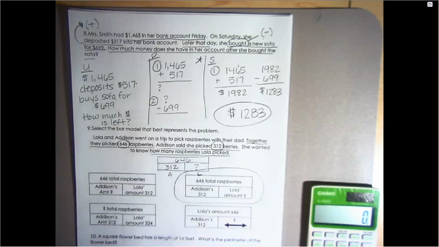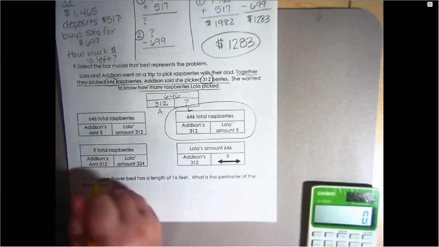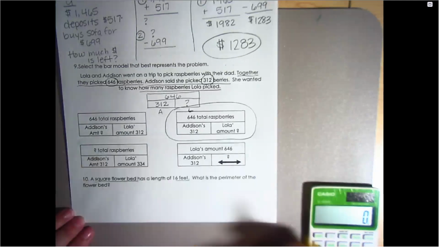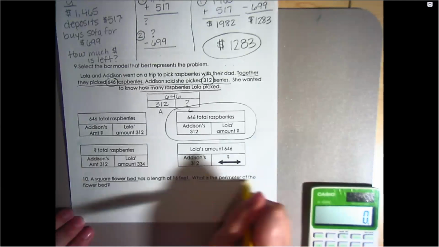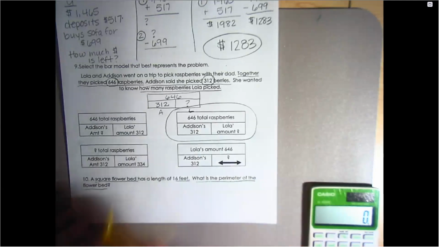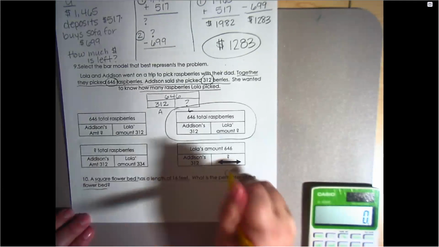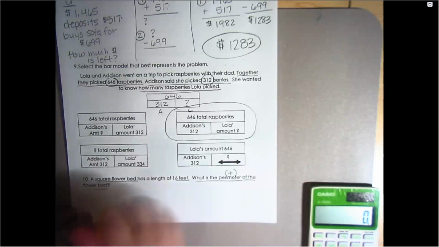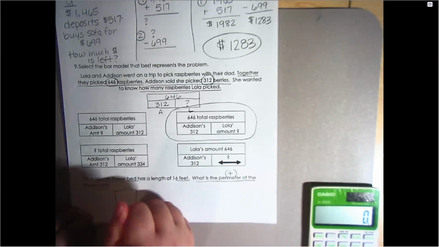Number 10, it says a square flower bed has a length of 16 feet. What is the perimeter of the flower bed? Okay, perimeter is where we add up all the sides. Now in these types of particular questions, boys and girls, it's helpful to draw a diagram. So I know that the flower bed is a square.